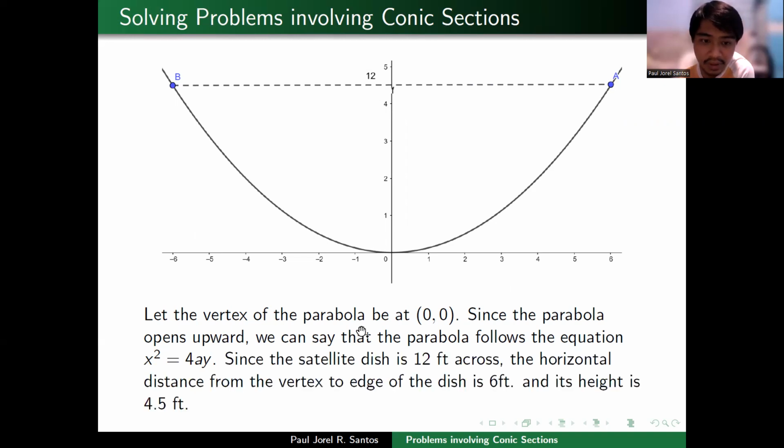Now, by the way, since the satellite dish is 12 feet across, the horizontal distance from the vertex to the edge of the dish is 6 feet and its height is 4.5 feet. Meaning to say, from the vertex, its horizontal distance up to point A is 6 feet and up to point B it is also 6 feet, while its height is 4.5 feet.